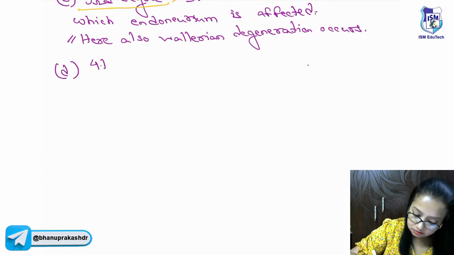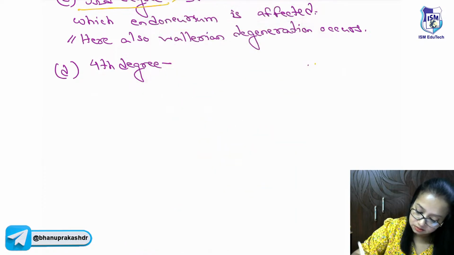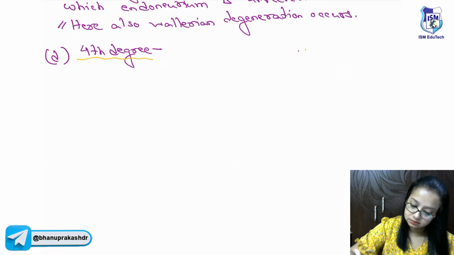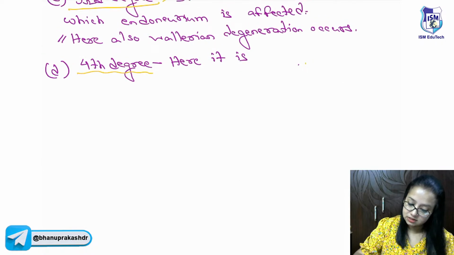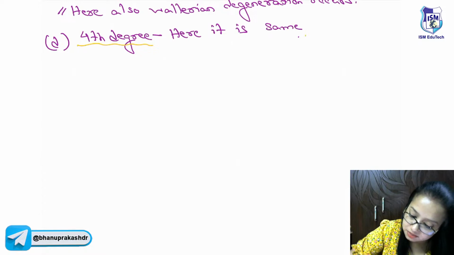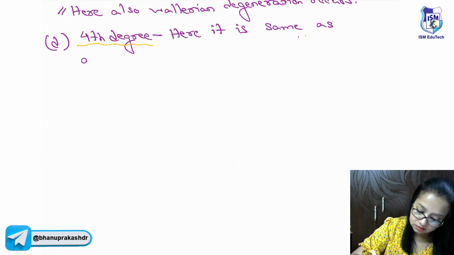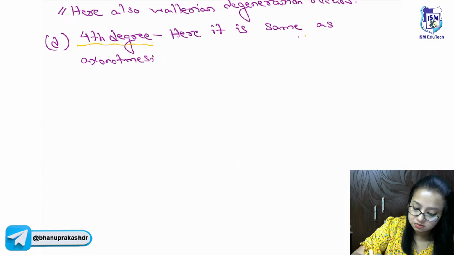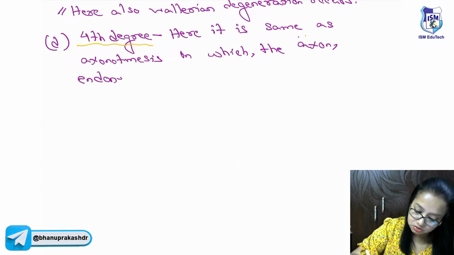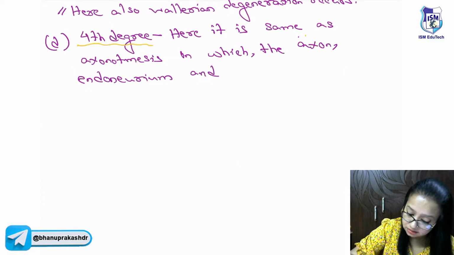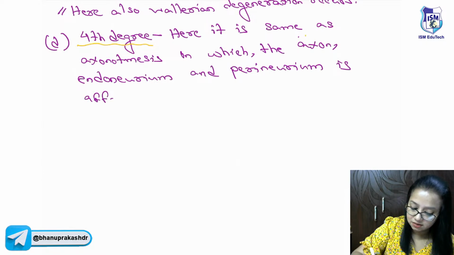Fourth is the fourth degree. Here it is the same as axonotmasis in which the axon, endoneurium and perineurium are affected.